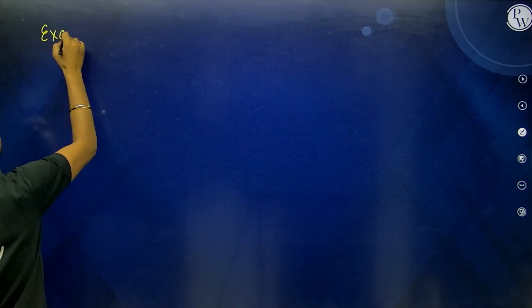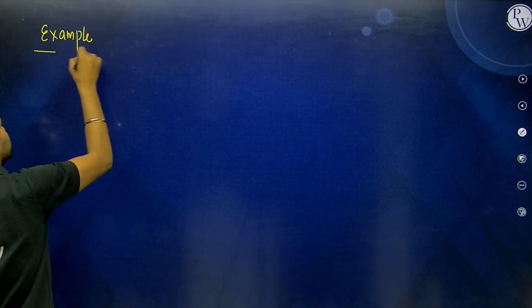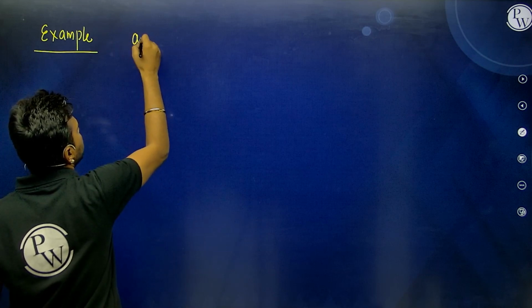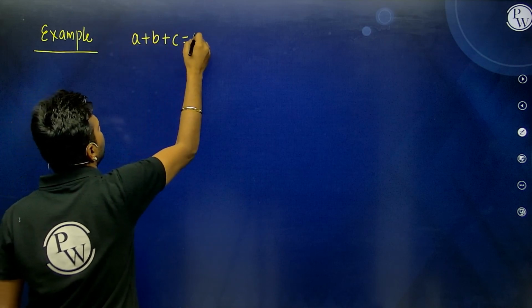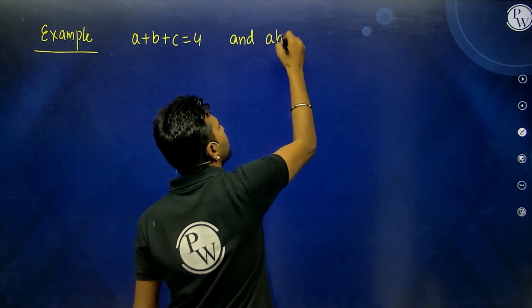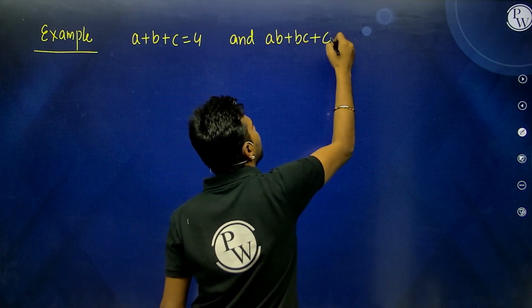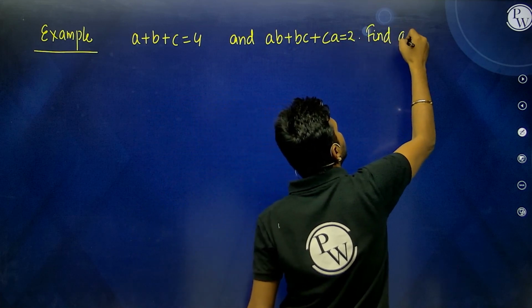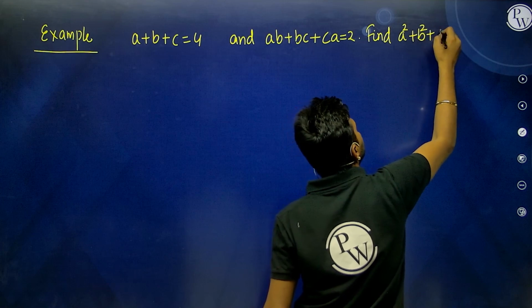Now, taking you ahead, let's do a few examples. Example: if I say that a plus b plus c is equal to 4 and ab plus bc plus ca is equal to 2, find a square plus b square plus c square.